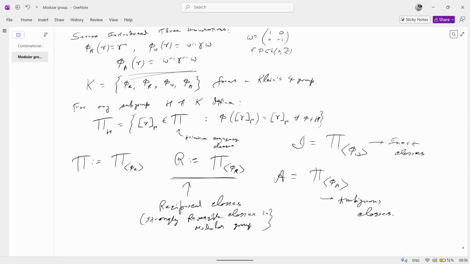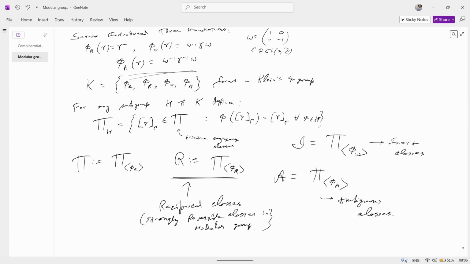So the reciprocal classes are also contained in these classes. And the inert classes are those elements where gamma and the special conjugate of gamma belong to the same conjugacy class. So algebraically, that's what it means.